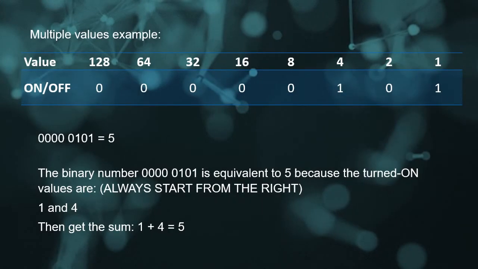Now for multiple values, here are our examples. We have 1 as the value, and another 4 as turn-on value. So 1 plus 4 is equal to 5, meaning the equivalent of 0, 0, 0, 0, 0, 1, 0, 1 is equal to 5.